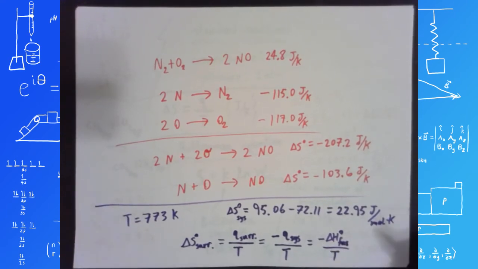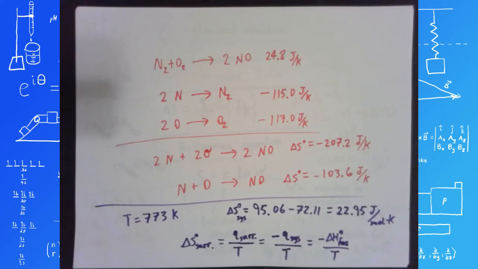Okay, so delta S surroundings is going to be, let's see, heat of fusion is 27.95 kilojoules per mole. My delta S is in joules per mole Kelvin, so I'm going to need to convert that to joules. So that's 27.95 times 10 to the 3, or actually the negative of it because it's negative delta H fusion. Let's see, is that right?